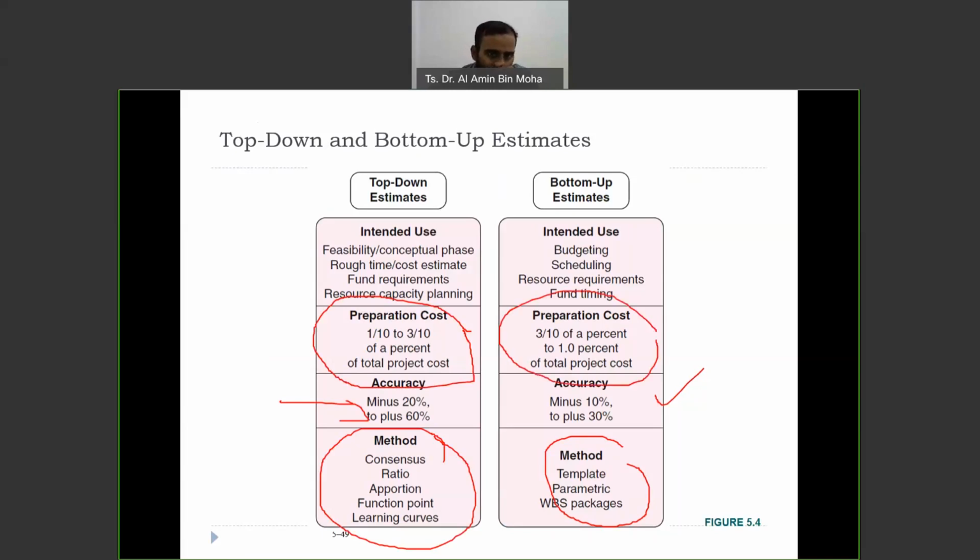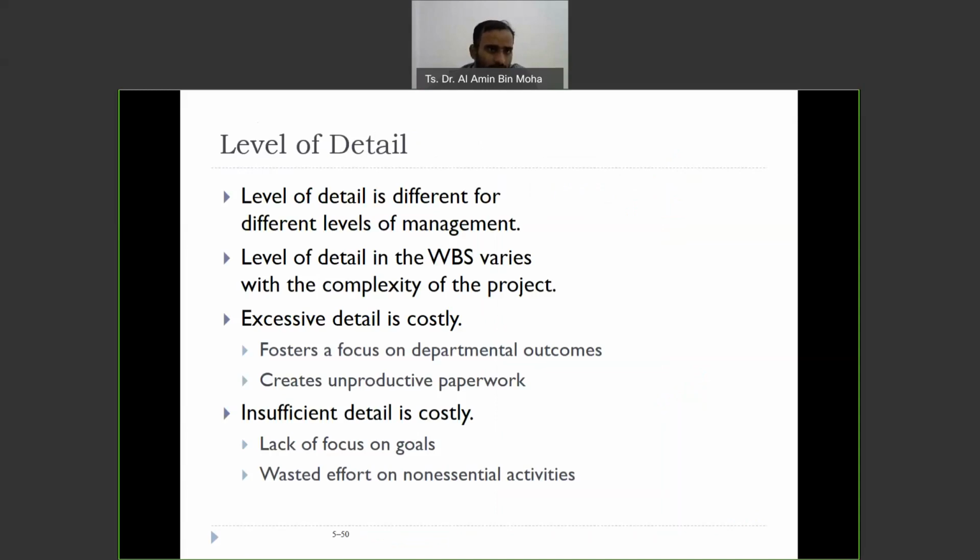So how detailed do we need to go when we want to do these bottom-up estimates? If you go too detailed, it's going to be too costly, right? Here, level of detail is different for different levels of management. So it's maybe based on the management, and the level of detail in the WBS also varies. If it's a complex project, the WBS will be very complicated. But we need to understand that excessive detail is costly.